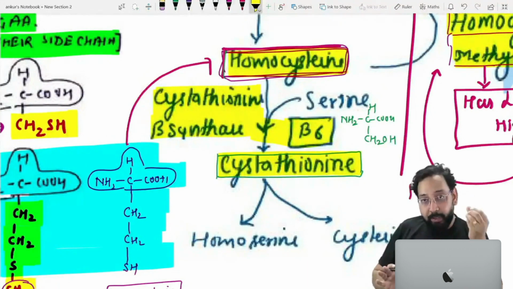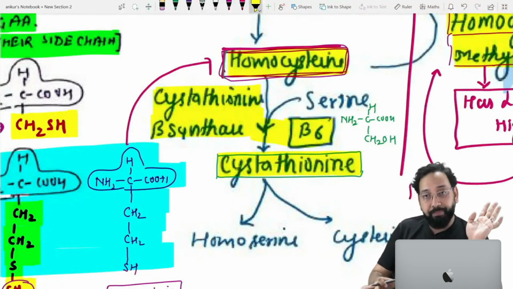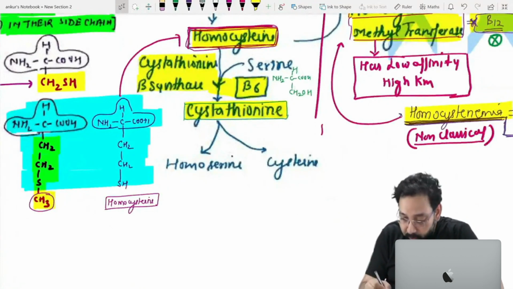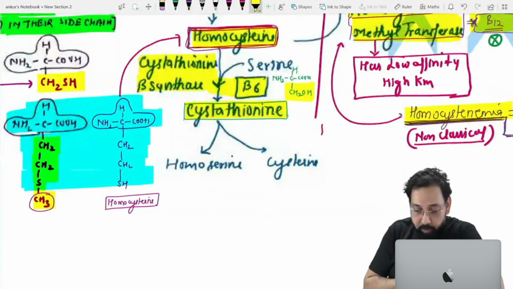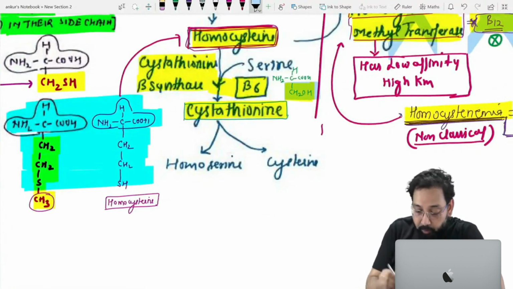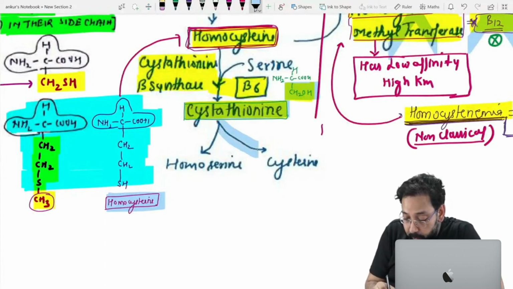Even if you don't remember, you can afford, but if you have an idea about the structure of serine and the structure of homocysteine, they join to form cystathionine. Cystathionine is converted to cysteine.